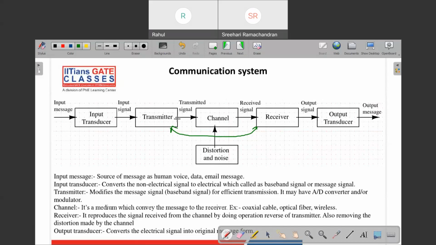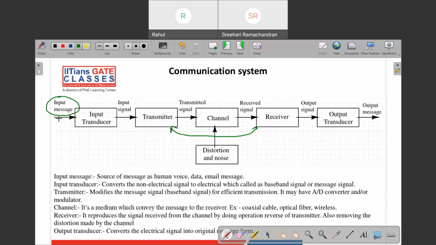Now before the transmitter, the input message might not be in the form of an electrical signal. It may be some kind of mechanical signal, or an audio signal, which we want to first transform into an electrical signal, and then apply to the transmitter to transmit it.